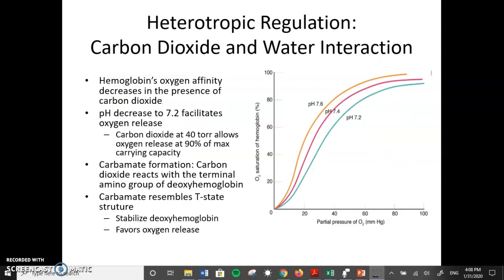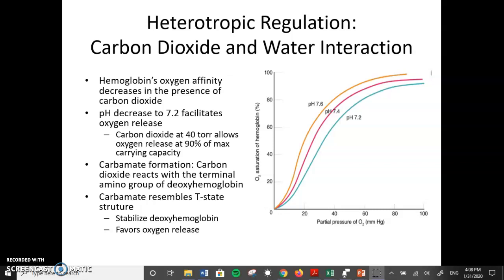Next, we find that this difference in pH and partial pressure actually is responsible for a 77% carrying capacity of oxygen. So that difference between the 7.4 pH and the 7.2 pH of the tissue causes there to be a higher amount of oxygen carried.